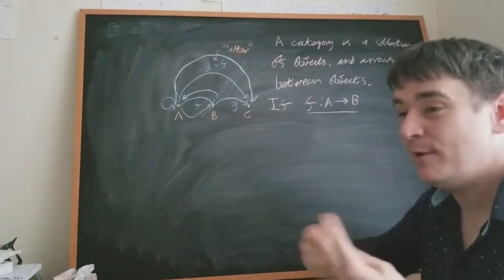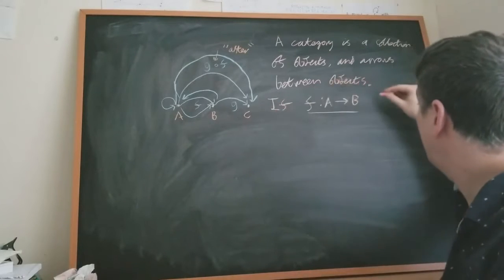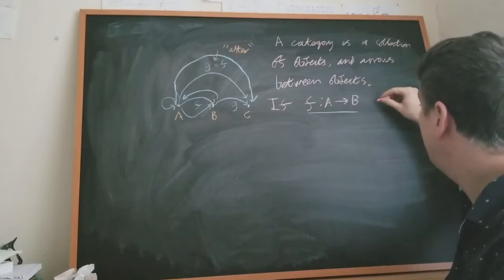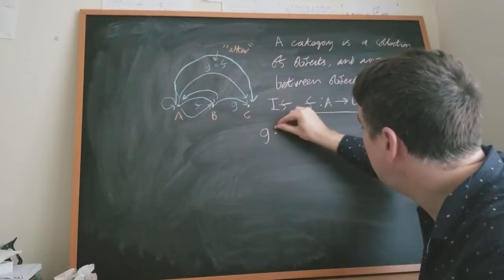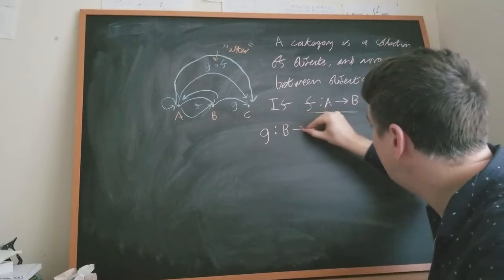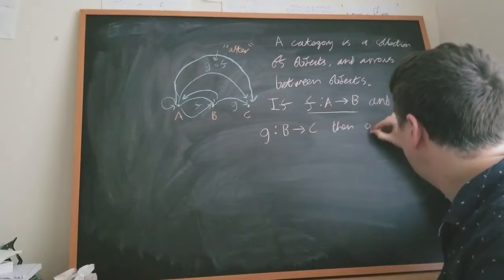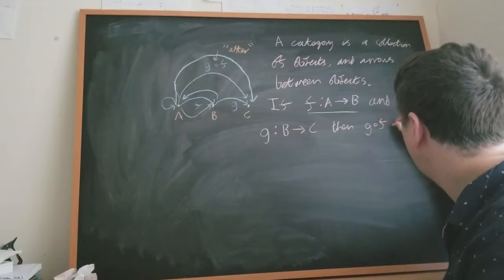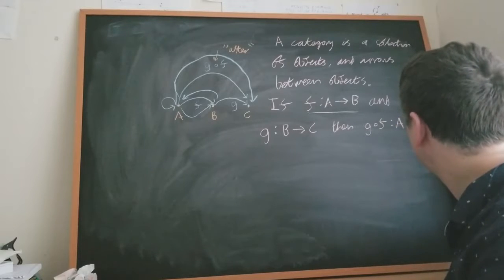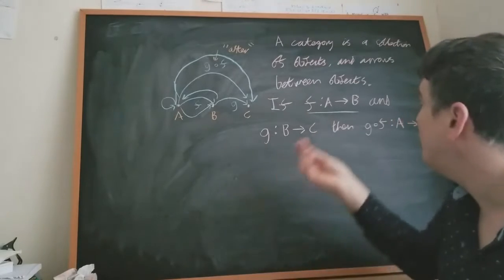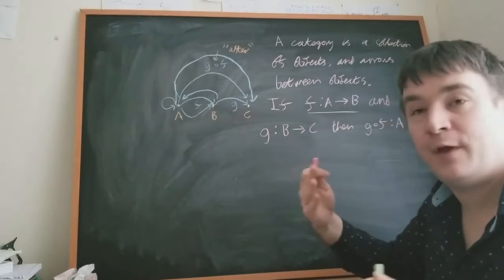It's just a little bit easier for linear text. So if F is an arrow from A to B and G is an arrow from B to C, then we have to have this arrow G after F, which is an arrow from A to C. So this is the core notion of arrow composition, which is really at the core of category theory.